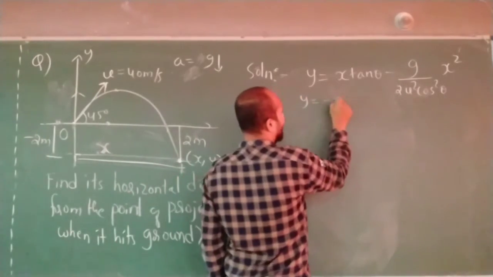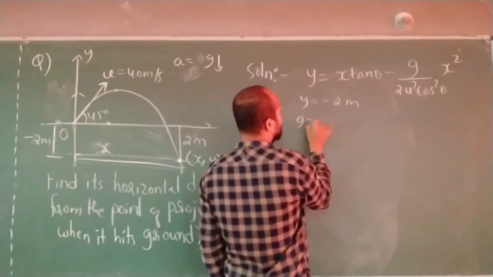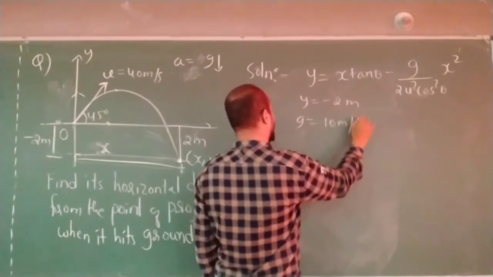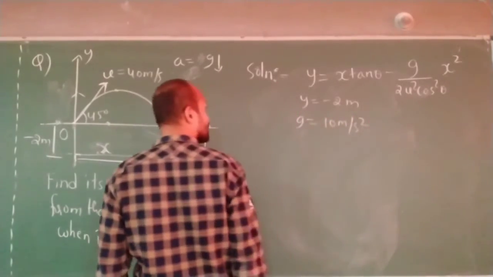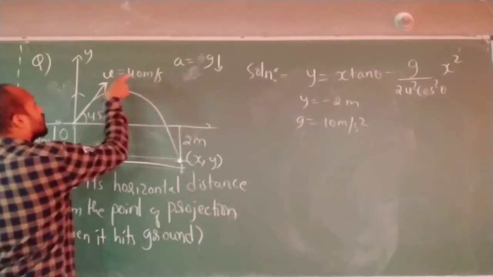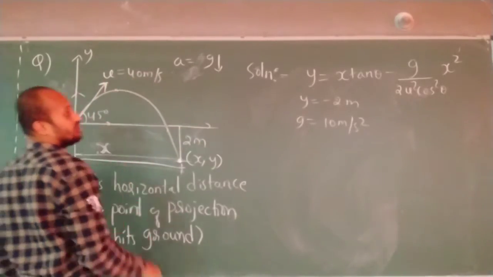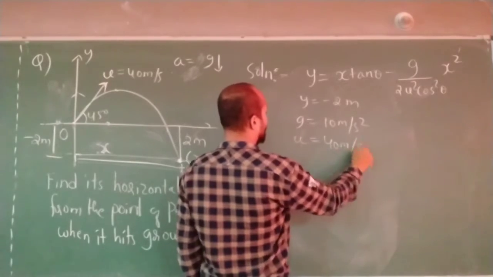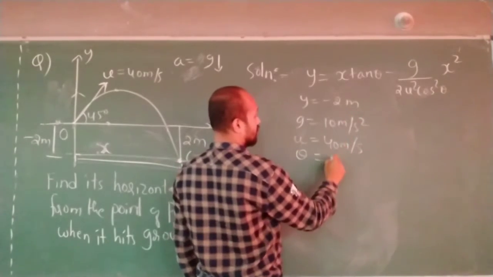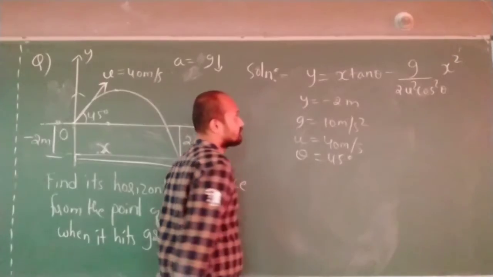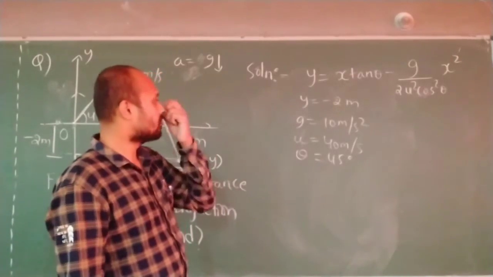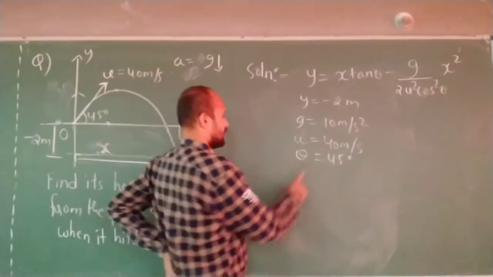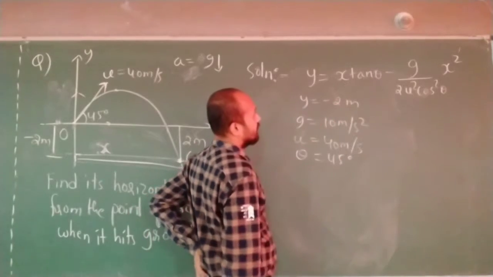Y is equal to minus 2 meter, g is equal to, let us take 10 meter per second square for easy consideration. Let us take u is equal to 40 meter per second, and theta is equal to 45. What can we find? We can find x. See, this is minus 2 meter.